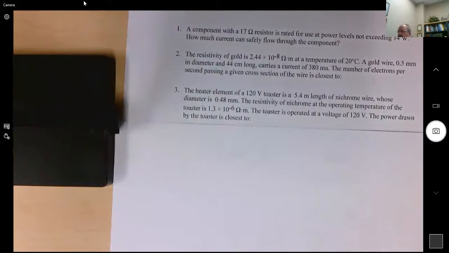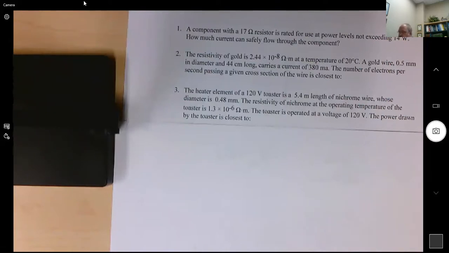Okay, so the third problem is that I have a 120 volt toaster, and it has nichrome wire with a length of 5.4 meters and a diameter of 0.48 millimeters. The resistivity of the nichrome at operating temperature is 1.3 times 10 to the negative 6 ohm meters, and it's operating at a voltage of 120 volts.